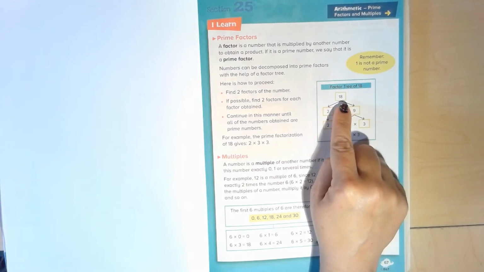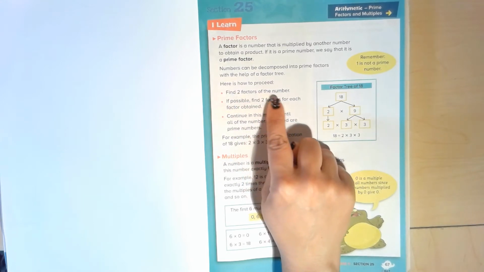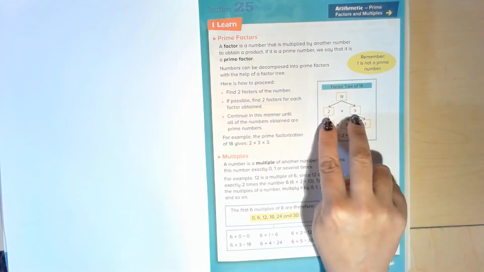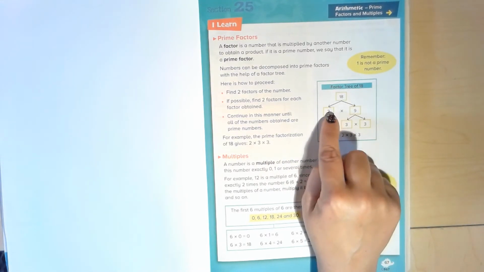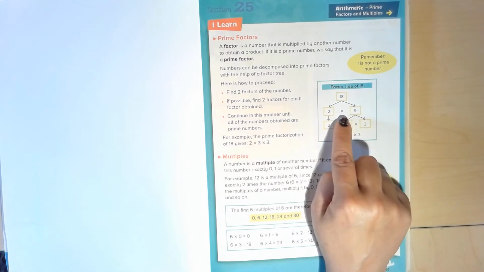The first thing we have to do is find 2 factors of the number. So what 2 numbers do you multiply together to get 18? Well, here they show us that they multiply 2 times 9.